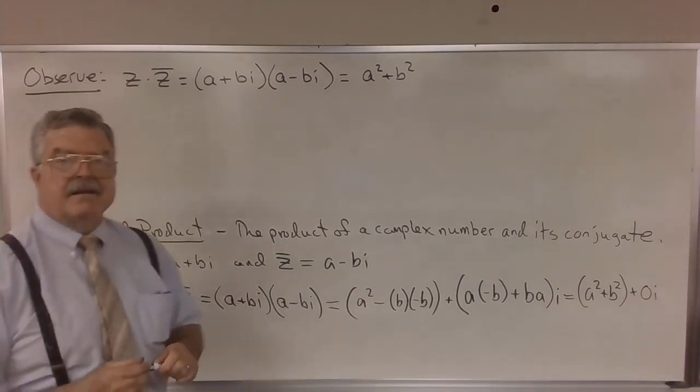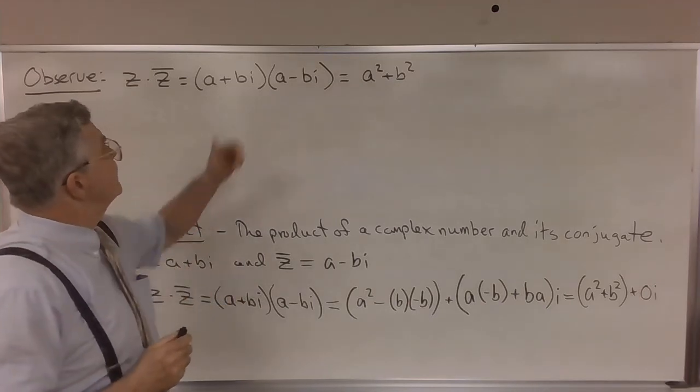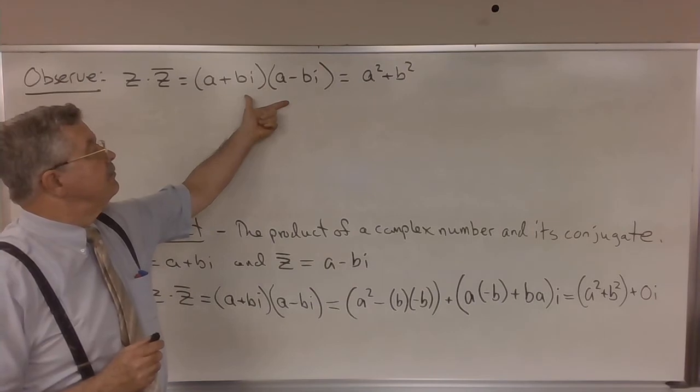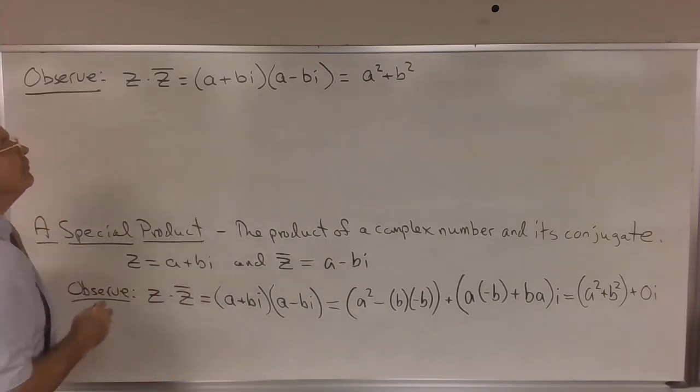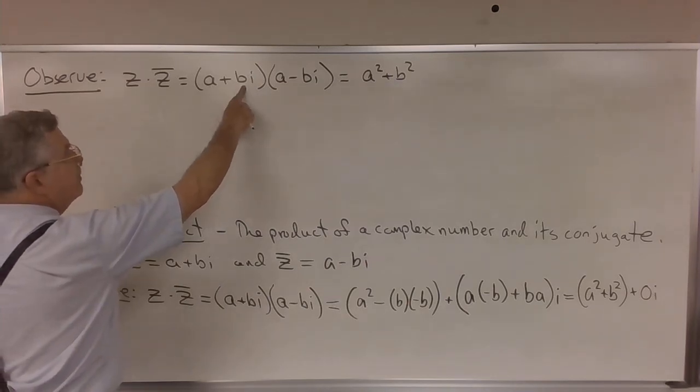That's what we get when we multiply a complex number by its conjugate, that we get essentially the real part squared plus the imaginary part squared.